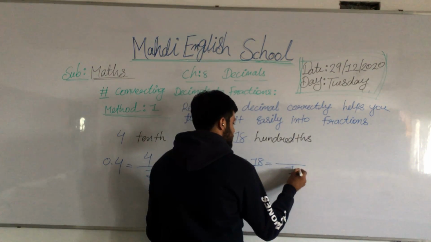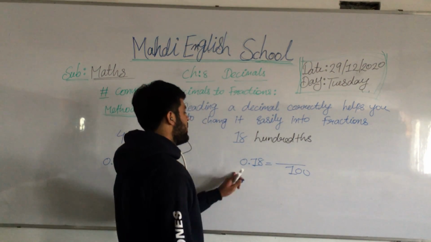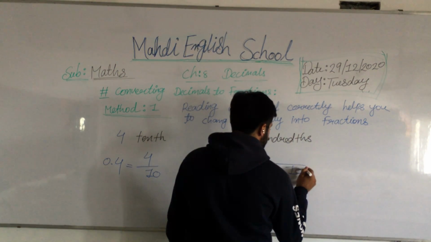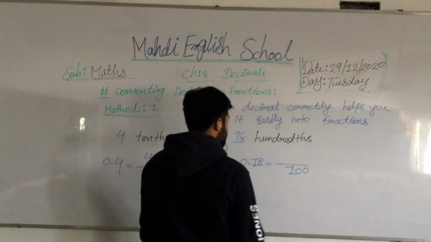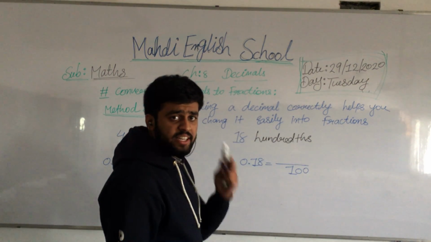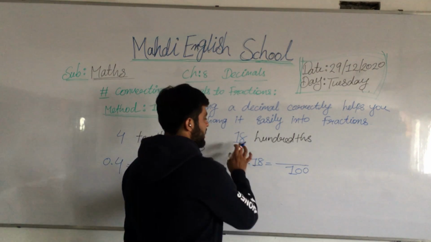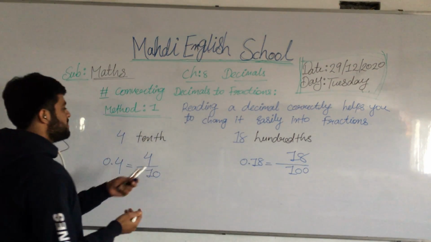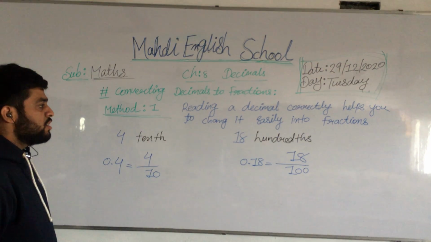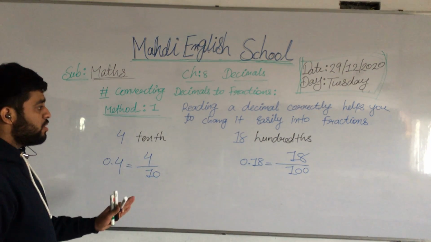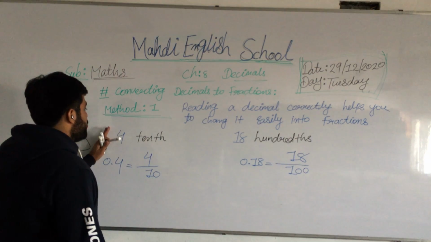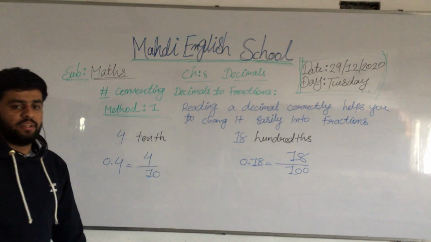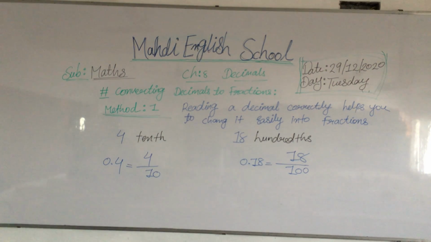Hundredths means 100s, and then what is the upside digit? Upside is 80. It's the correct answer. It's method number 1 we are proving here. Note down now 4 tenths and 80 hundredths, both examples. Understood?